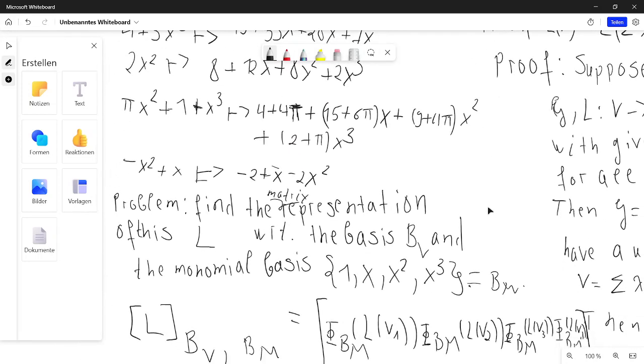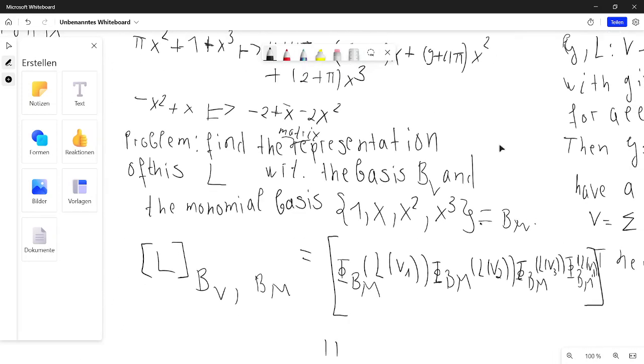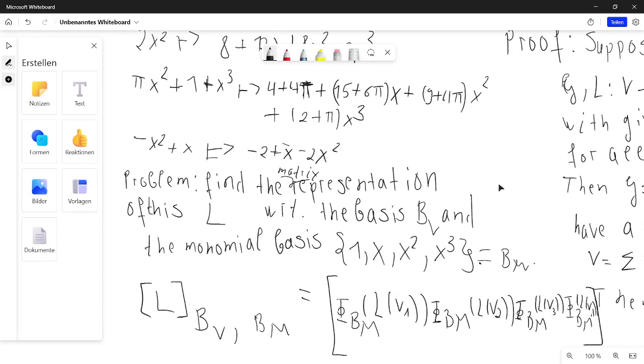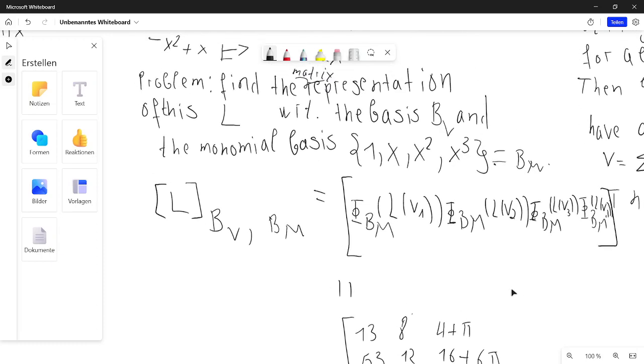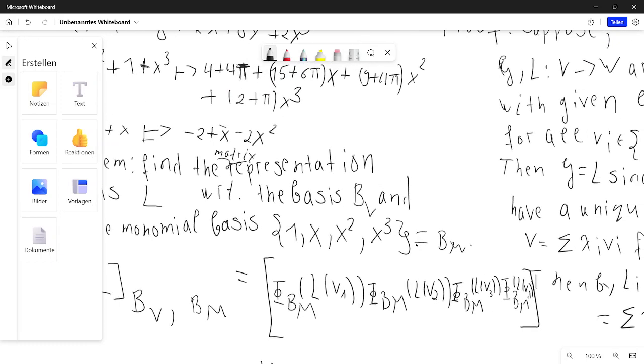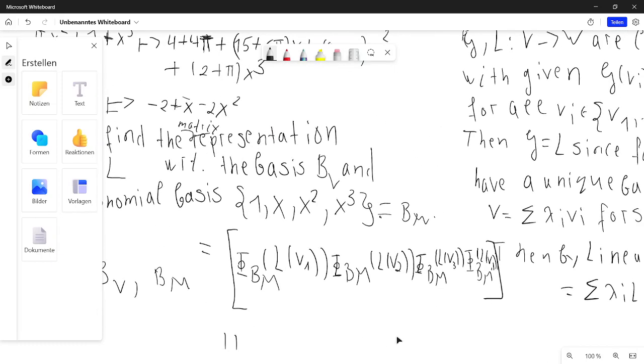So the third column is 4 plus 4 pi, 16 plus 6 pi, 9 plus 4 pi, 2 plus pi.